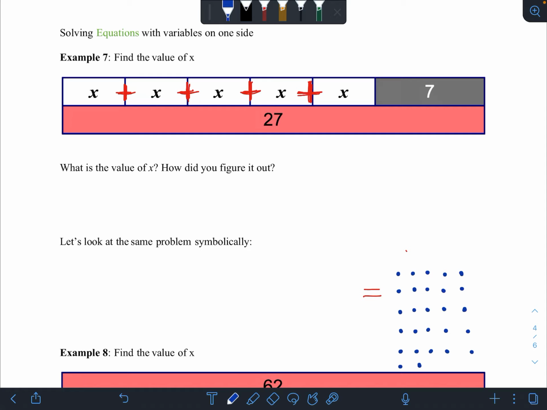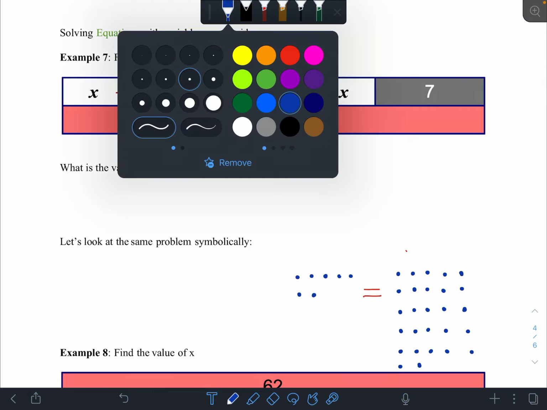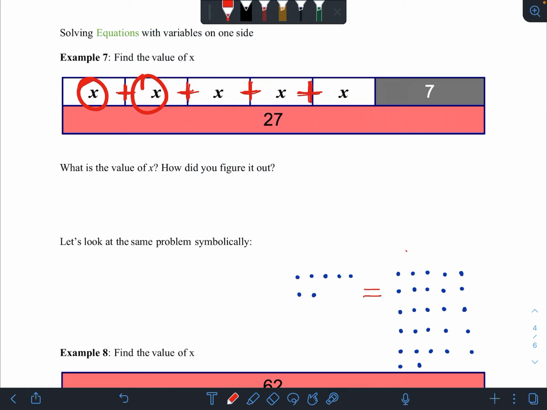On the left side of our equation, on the top part, we know that there are 7 dots already. But in addition, we have 4 separate x's here, and all of those other dots. What we can do is get rid of several of these, I'm sorry, it's not the x's, the blue dots.